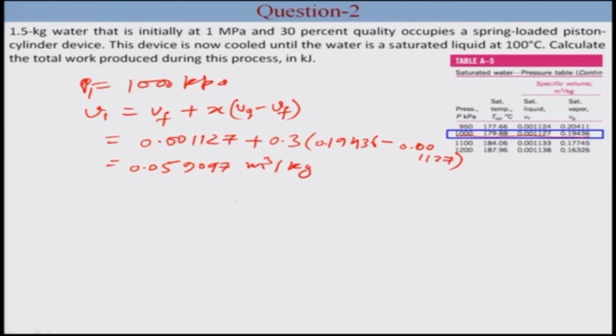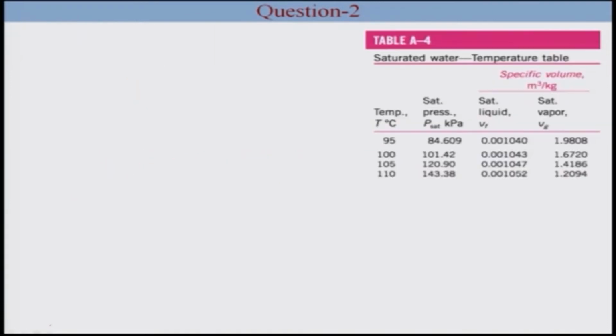Now we have to calculate P2 and V2 for state 2. Since state 2 is a saturated liquid, the temperature at this state would be 100 degrees centigrade. From the saturated water table at 100 degrees centigrade, we can calculate P2 and V2.